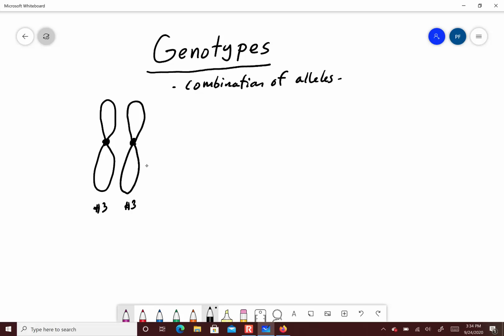And then remember, these homologous pairs have genes that are for the same character. So if we have these two chromosomes with these two genes like this that I drew up in purple, then that is a gene for some character.